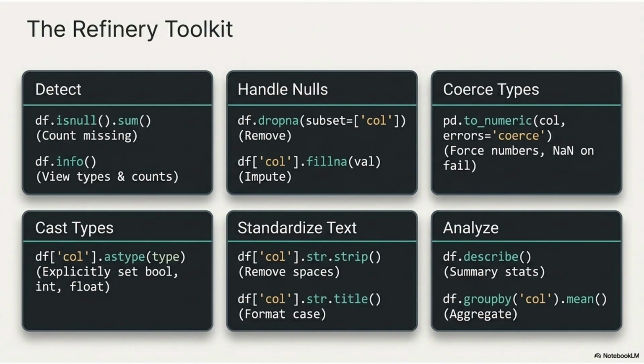Analyze: df.describe() generates summary statistics. df.groupby('column').mean() aggregates by group. These 6 categories applied in sequence transform any messy, raw export into a reliable analytical asset ready for visualization and business reporting.